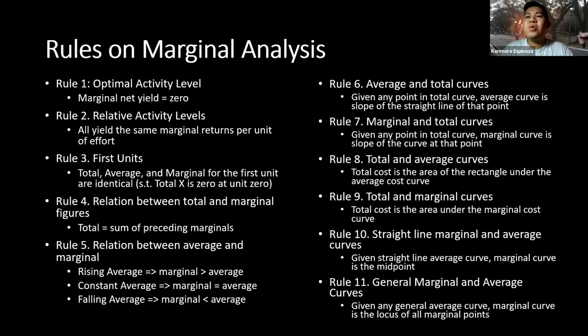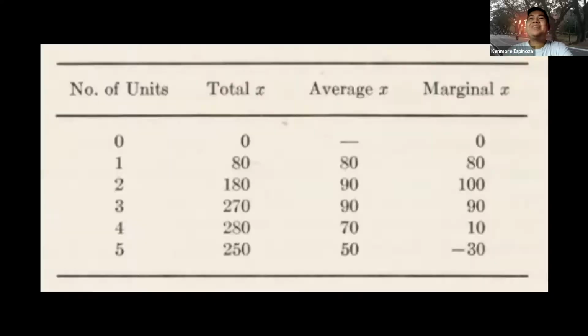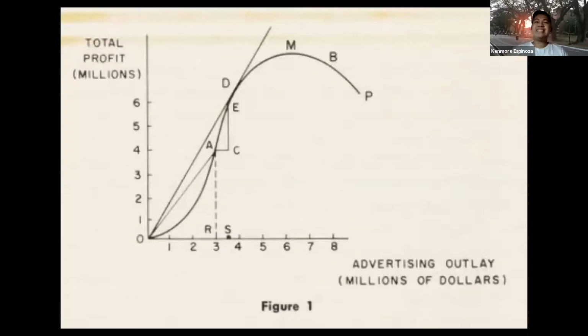Sorry, nauna pala ako. That should be rule 8 and 9. My apologies. So out from our total curves, rule 6 and 7. Rule 6 tells us that you can derive your average out from your total, and this can be done when you draw a straight line crossing the point on your total curve.